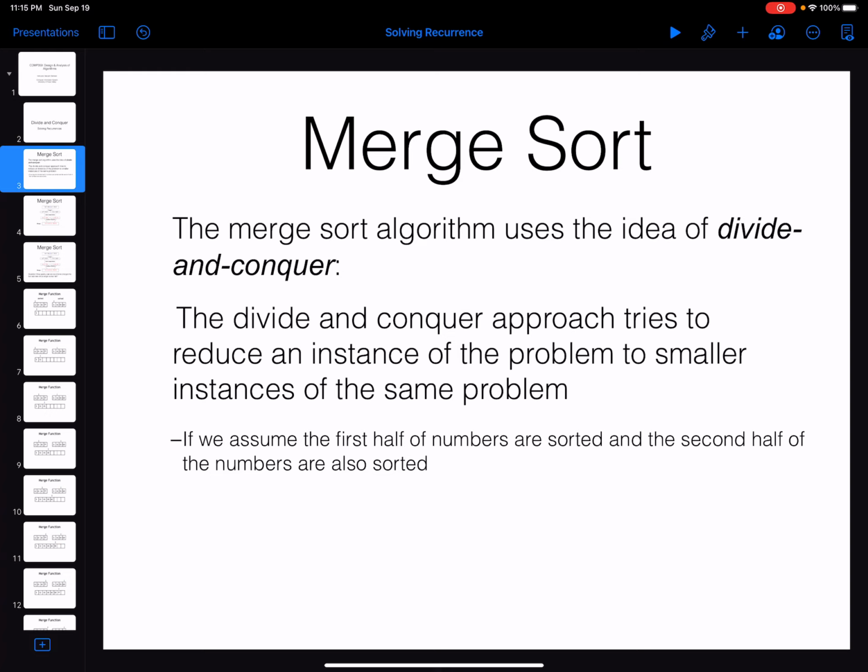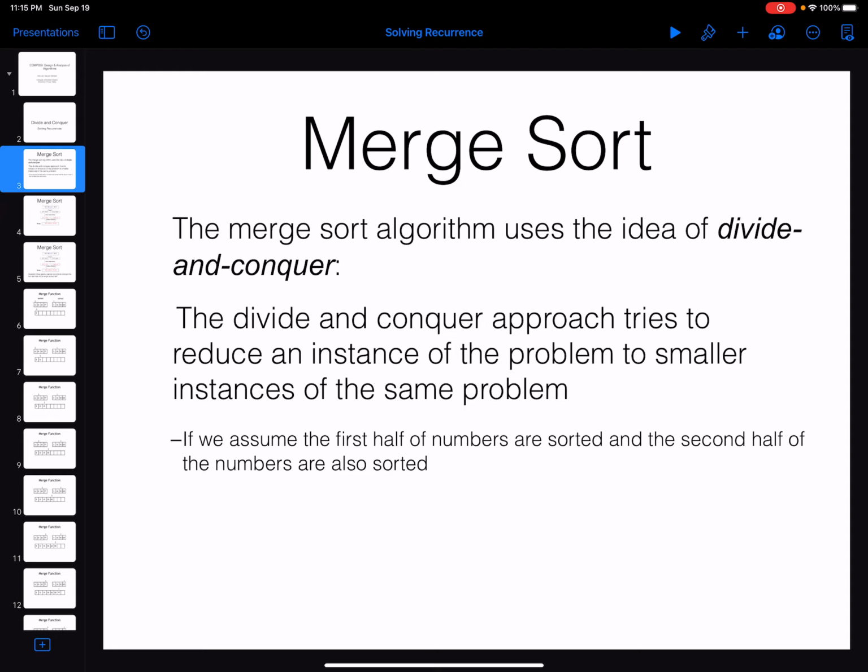So the conquer part is just conquering the smaller sub-problems, and then using the solutions for the smaller sub-problems, you solve the original problem.